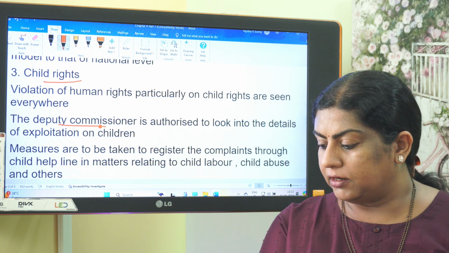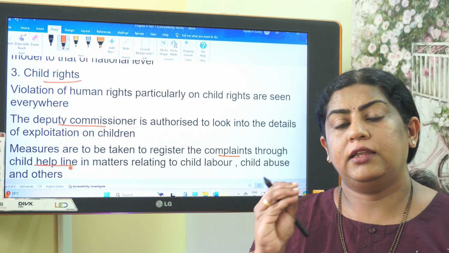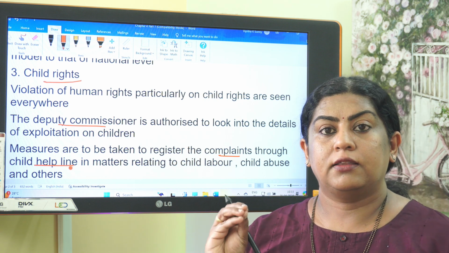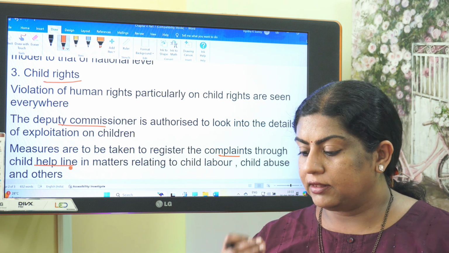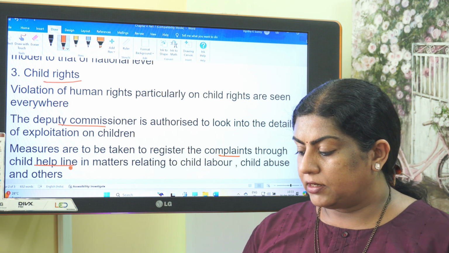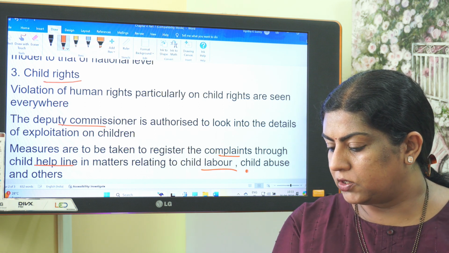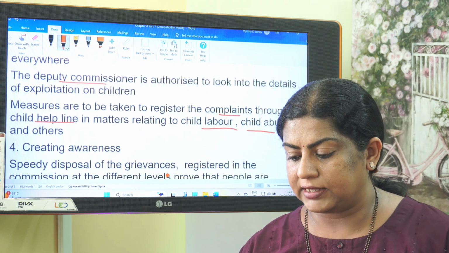Measures are to be taken to register complaints through the child helpline. So in any case or any issue, they have a child helpline. Through this child helpline, complaints can be registered in matters related to child labor, child abuse and other things. So that is child rights.